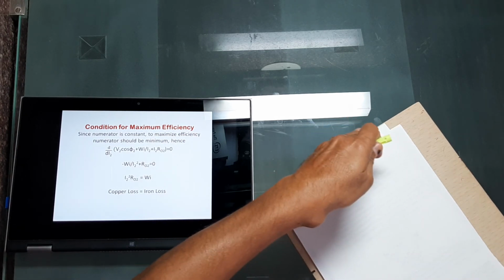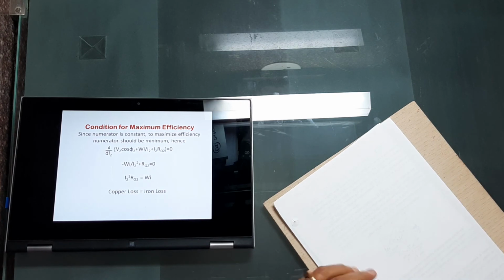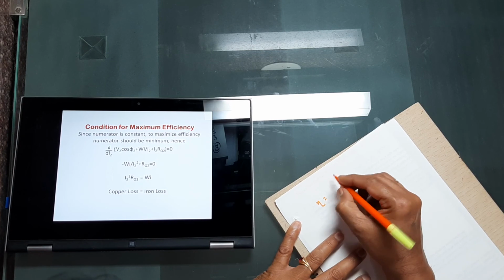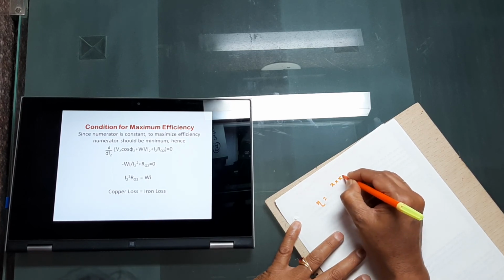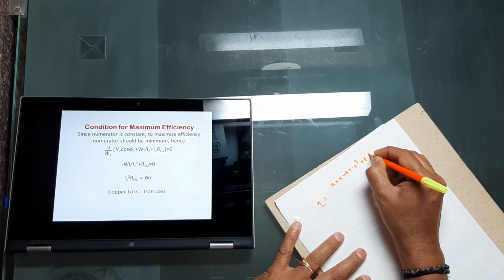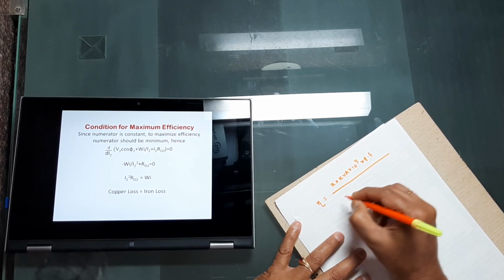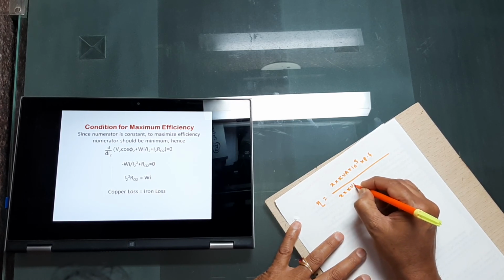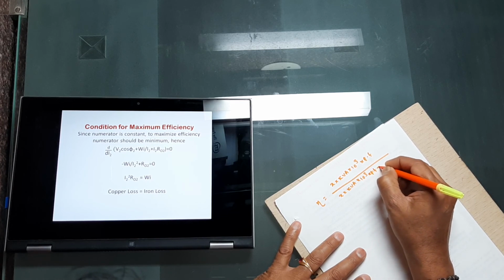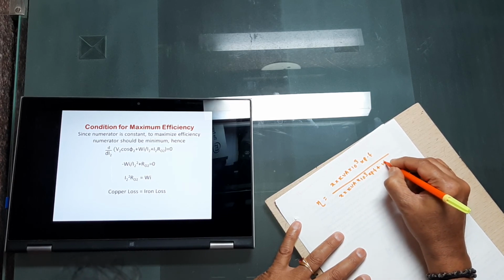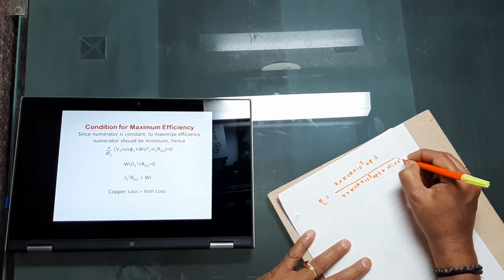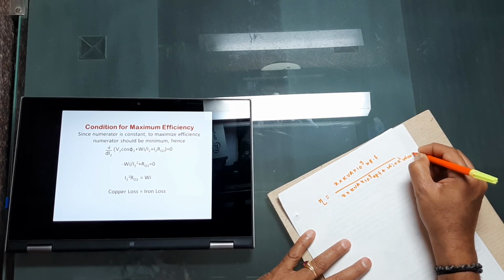The first one is the efficiency, which you calculate as x into kVA, that is output, into 10 raised to 3 into power factor, divided by x into kVA into 10 raised to 3 into power factor plus Wi plus x square times the copper loss at full load.